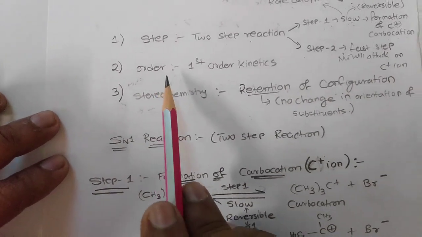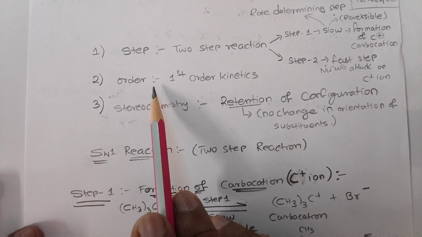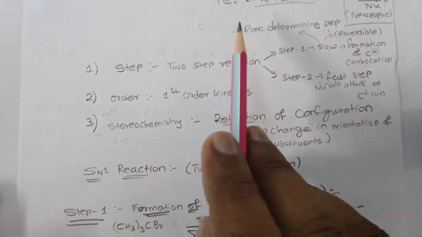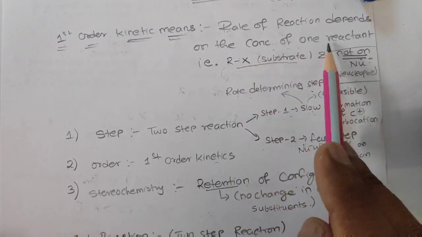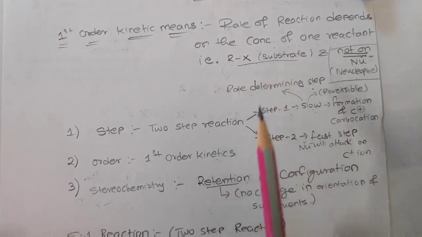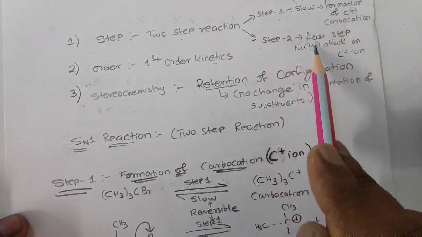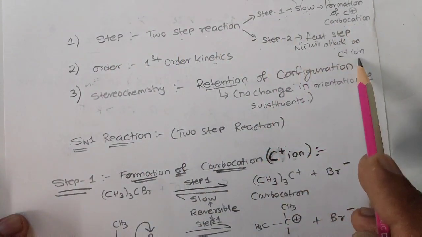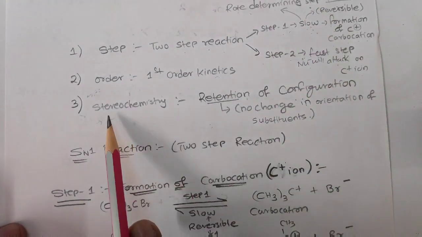Now what is the order of kinetics here? It is first order kinetics. First order kinetics, as already discussed, means the rate of reaction depends on the concentration of one reactant, that is RX. So there are two steps: first is formation of the carbocation, second is the nucleophile attacking the carbocation. The first step is slow, and the slow step is the rate determining step.